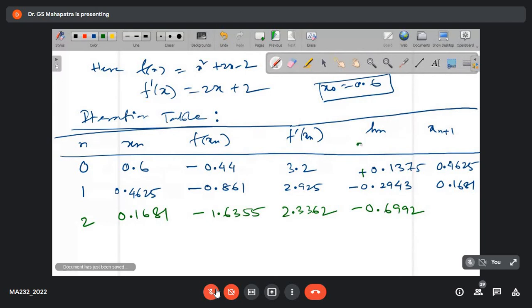h is minus of f of xn divided by f dash xn. So I think this is minus 0.44 divided by 3.2. It is minus 0.1375. But once again minus is there. Yes.